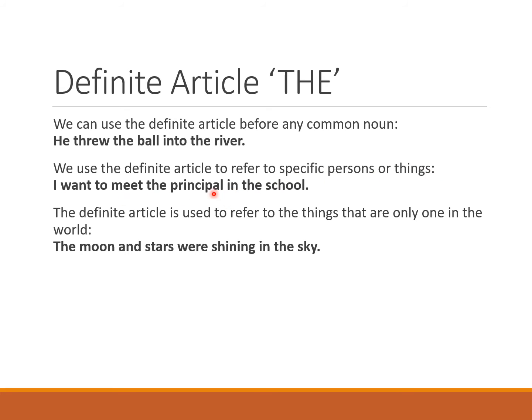I want to meet the principal in the school. The school, a specific place, the principal, a specific person. The definite article is used to refer to things that are only one in the world. The moon and stars were shining in the sky. Here the moon is only one in the world. Sky is also only one in the world.